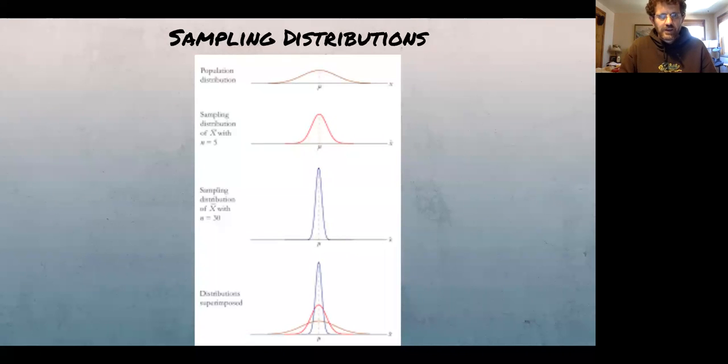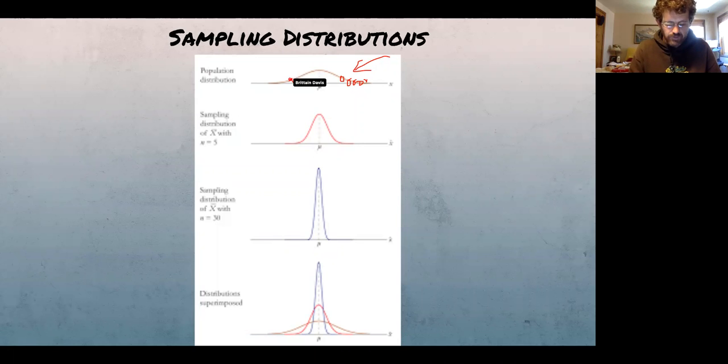And the reason for that, of course, is your data is just going to be distributed however it's distributed in the population. But when I get the average, it's highly unlikely I'm getting all 5 people from the tallest or the high end of this distribution. If I'm picking 5 people randomly, I'm probably going to get some people in the low end, more people in the middle, and then maybe someone on the high end.